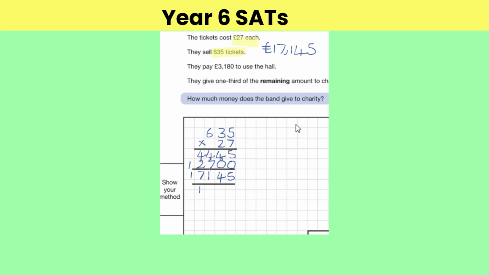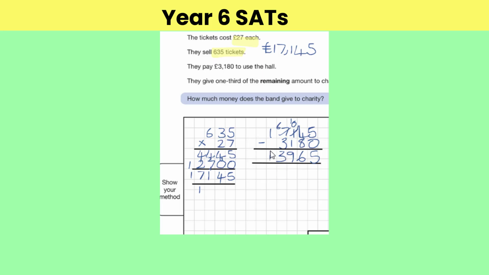It then says they pay £3,180 to use the hall. So that's going to be deducted. So we're going to do a subtraction. 17,145 subtract 3,180. So 5 subtract 0 is 5. 4 subtract 8 we can't do. 14 take away 8 is 6. 0 take away 1 we can't do. 10 take away 1 is 9. 6 take away 3 is 3.